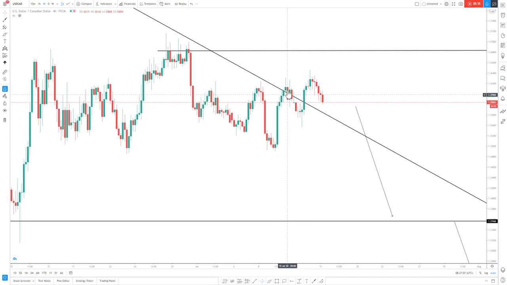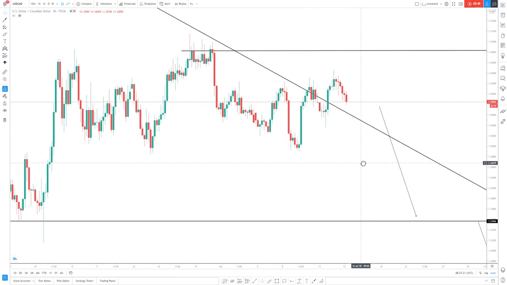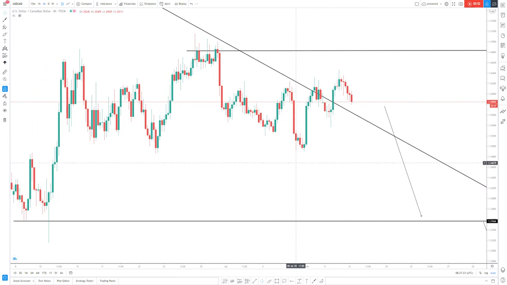Looking closely, this will form an M formation and come back for a retest at this structure here before price projects down further. If you bought due to the inverted head and shoulders, all is well. I'll be looking to go short on USD CAD because of this formation. This is just a corrective nature in price.